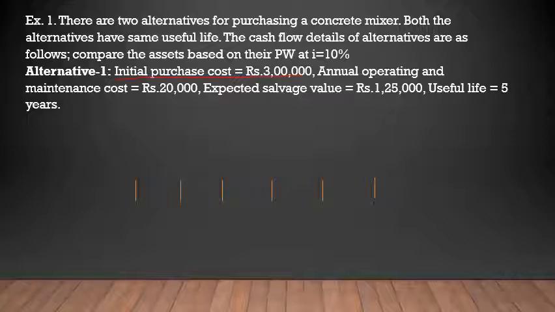What is this 3 lakh? Initial purchase cost. Initial means what? Now. And obviously it has to be P. Next is annual operating cost. What is annual operating cost? The word itself is very, very clear. Annual means A. So this 20,000 is A.